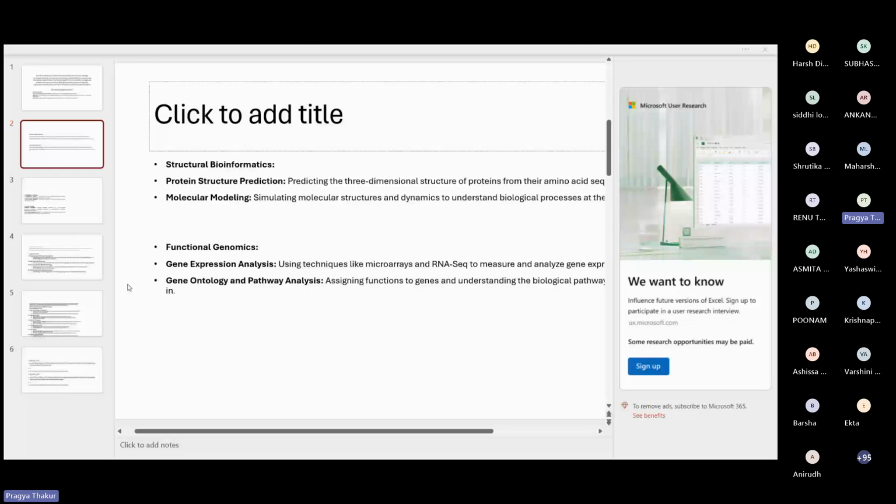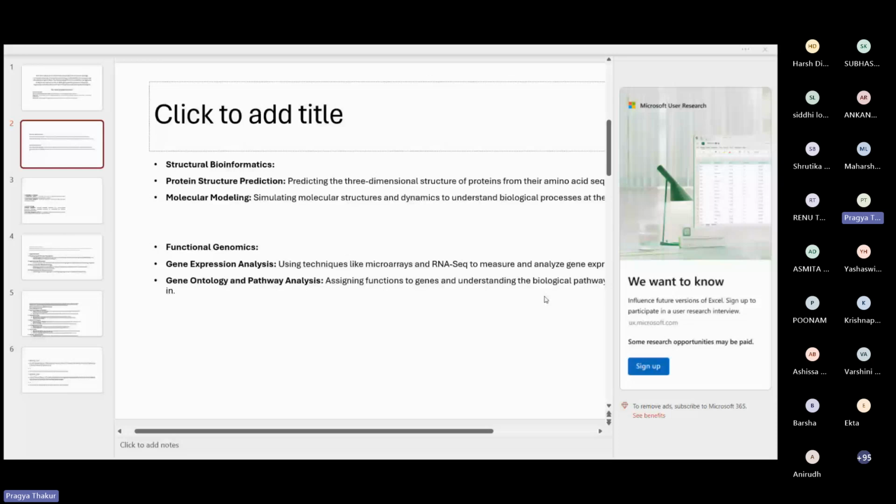Then comes functional genomics. In functional genomics, there is a field known as gene expression analysis. All the biotechnology students must know that RNA sequencing and microarrays are used to measure and analyze gene expression levels.